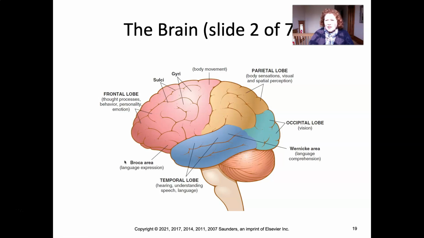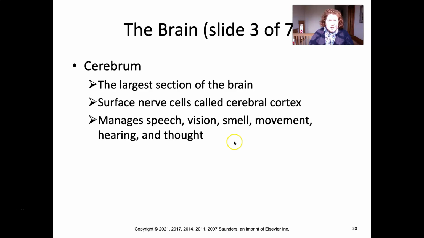And that's why you can, if you think about a stroke and it affecting a specific part of your brain, say you get a stroke in your occipital lobe, how it's going to affect your vision. Or maybe you have a stroke in the Wernicke area and that's going to affect your language comprehension after that stroke. Cerebrum is the largest section of the brain.